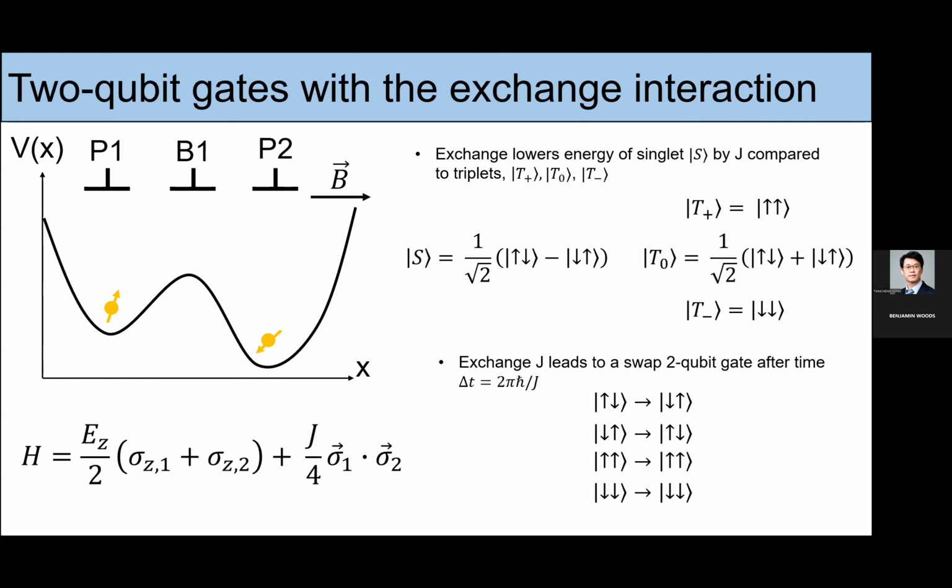It's the same Coulomb interaction whether the spins are up, down or up, up. Yet when you pair this with the Pauli exclusion principle, it can give rise to this spin-spin interaction. This gives rise to all sorts of interesting magnetic structure in bulk materials, but here we're just going to exploit it to do a 2-qubit gate.